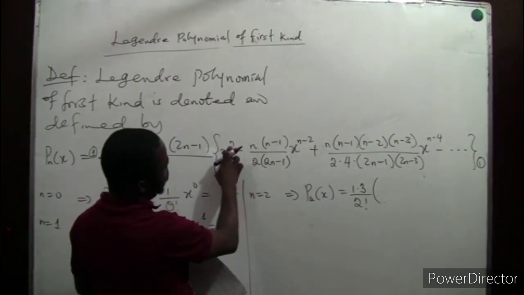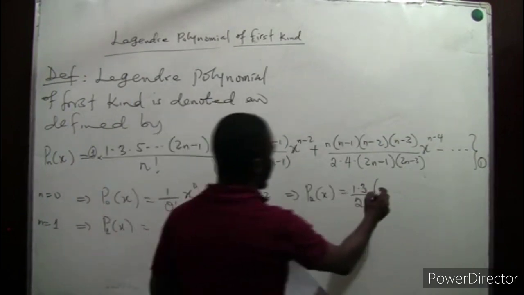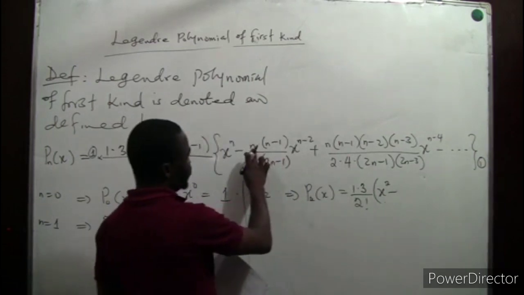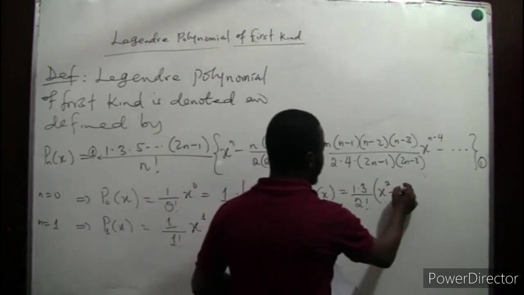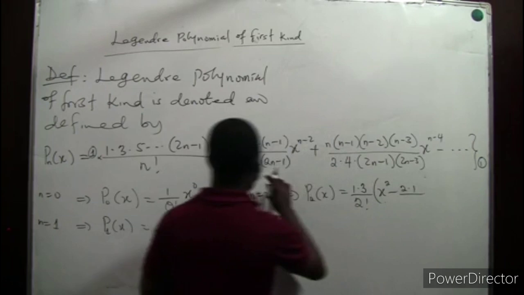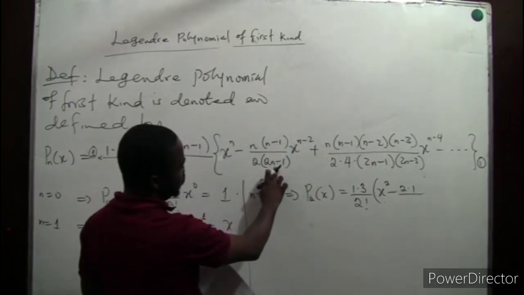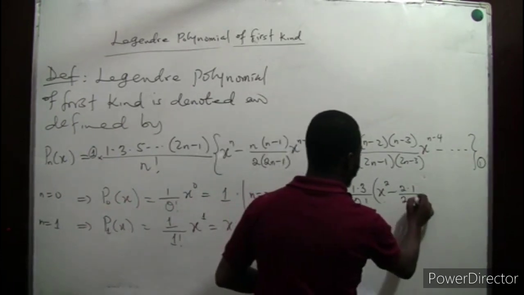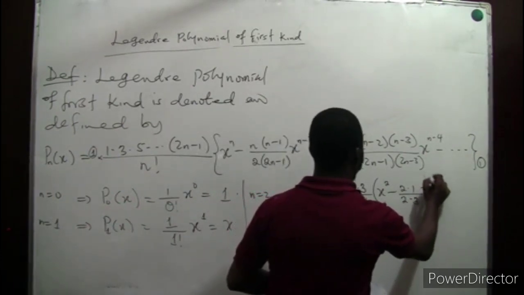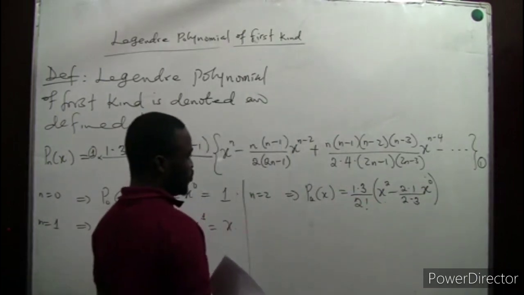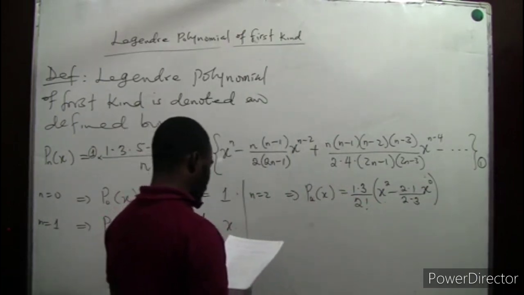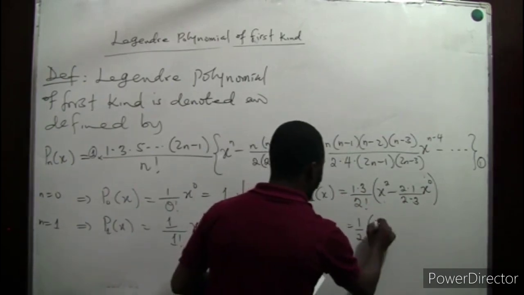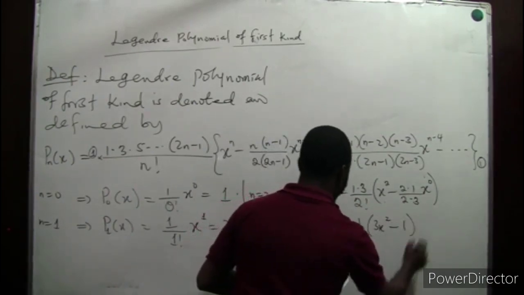If you put 2 here, we have x squared, minus, put 2 here, 2 multiplied by 1 divided by, put 2 at this point, 2 times 2 is 4, 4 minus 1 is 3, we have 2 multiplied by 3, x raised to power 0. So if we expand the whole of this, the final result becomes 1 over 2 into 3x squared minus 1.